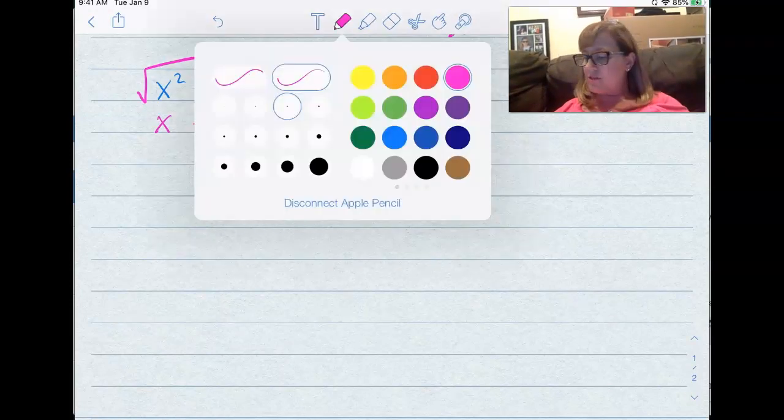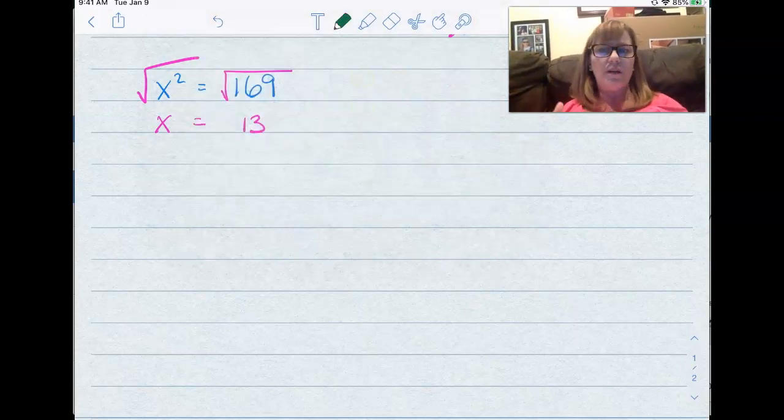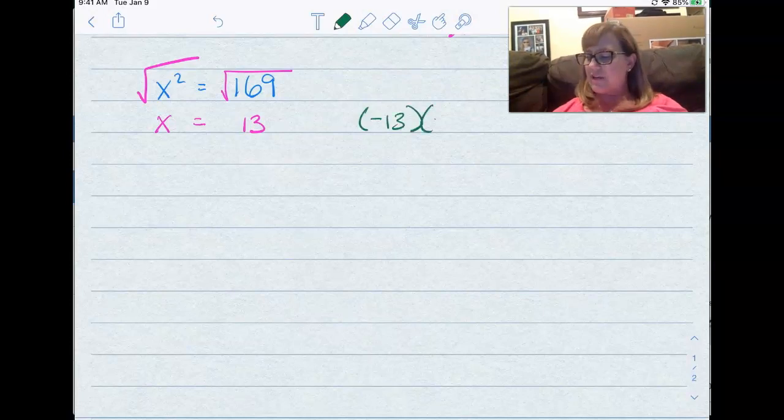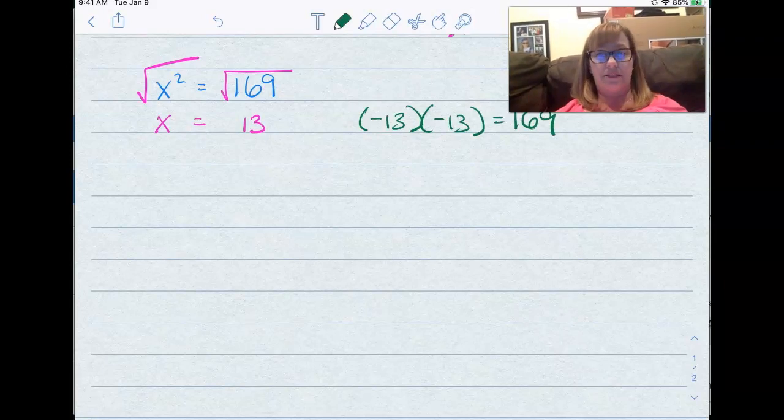Now I want to ask you something. What if instead of squaring a positive 13, we decided to square a negative 13? So negative 13 times negative 13. What would you get? If you said a positive 169, you'd be correct because a negative times a negative is a positive.